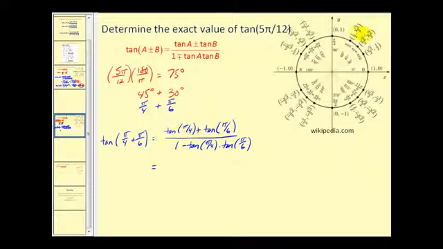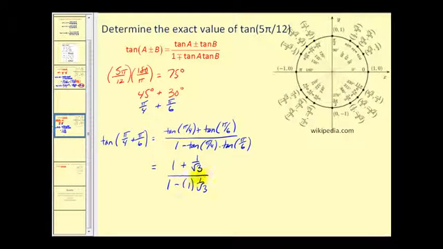Tangent of pi over 4 is equal to 1. Tangent of pi over 6, 1/2 divided by square root 3 over 2 will equal 1 over square root 3. Next, in the denominator we have 1 minus tangent of pi over 4, which is equal to 1. Tangent of pi over 6 was 1 over square root 3.